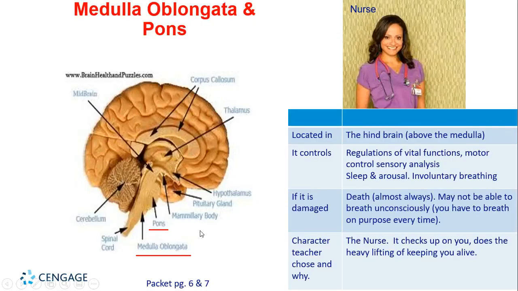And your pons also regulates certain vital functions, motor control, sensory analysis, including sleep, arousal, involuntary breathing. If you were to damage your pons, there's a good chance that you're also going to die. When you damage it in mild ways so that it doesn't kill you, it's still incredibly dangerous.